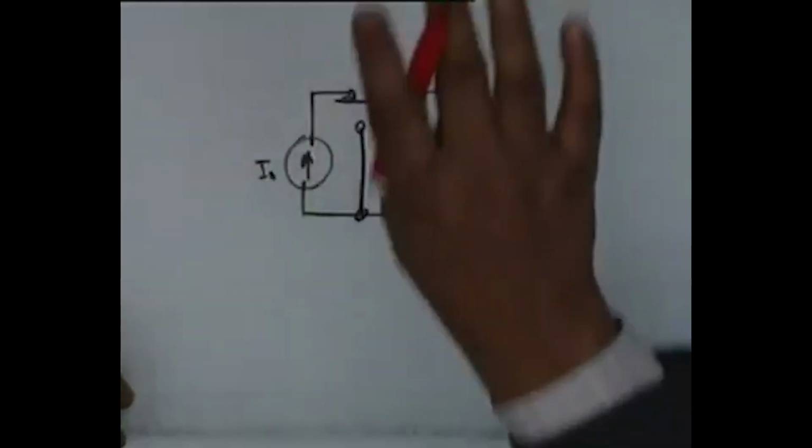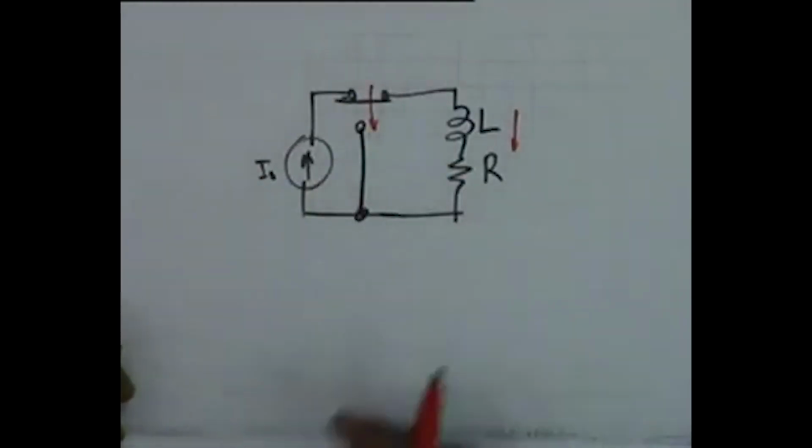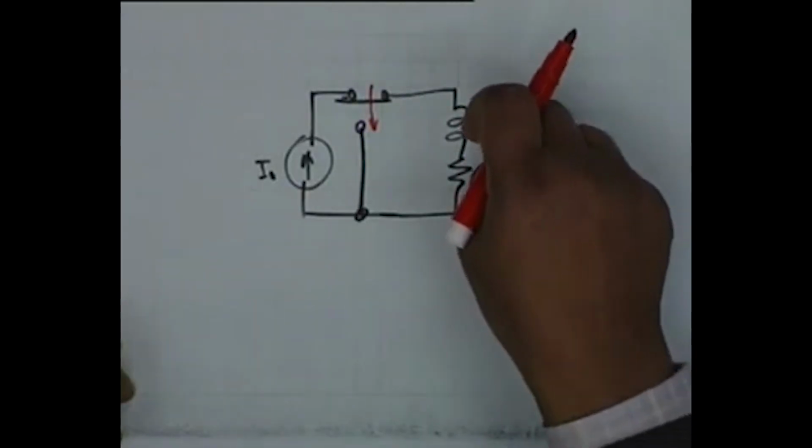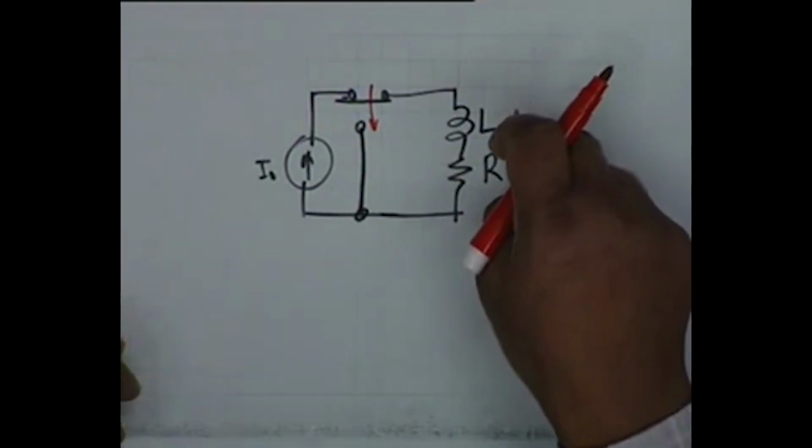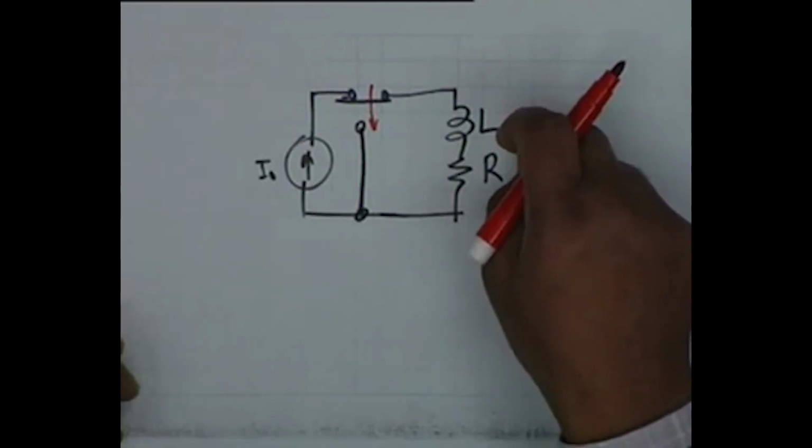Then the current generator is disconnected, and the flux generated in the inductor due to the current I, how much flux? L times I, inductance times the current.